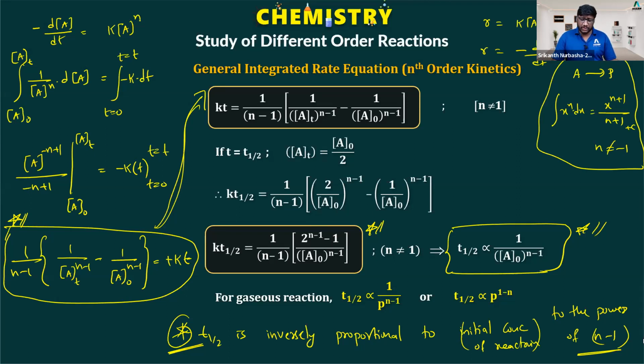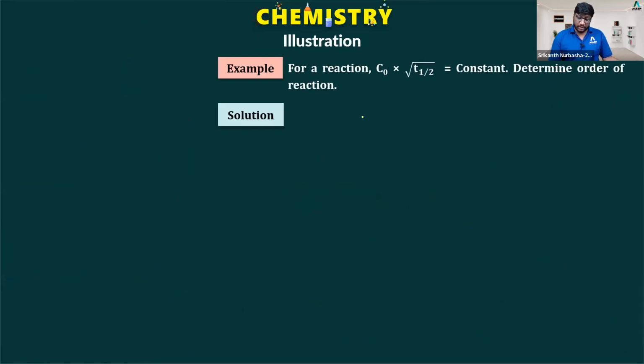Right? So using this formula, I can calculate for the second order and third order also. Try to find out. For a reaction, C naught into under root of T half is equal to constant, determine the order of the reaction.